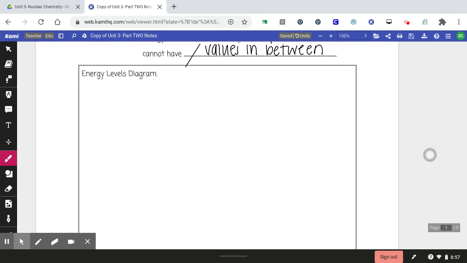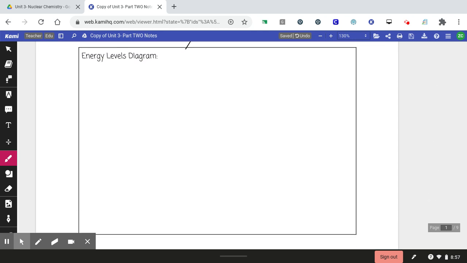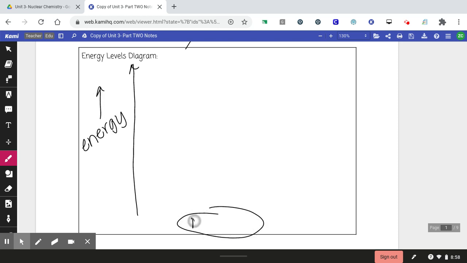So let me have a little diagram to show us our energy levels. I'm going to draw an arrow going this way, and this is going to indicate energy is increasing as we go up. So we have our nucleus down here, and then we're going to have energy level 1. Energy level 2 is pretty far away from energy level 1.